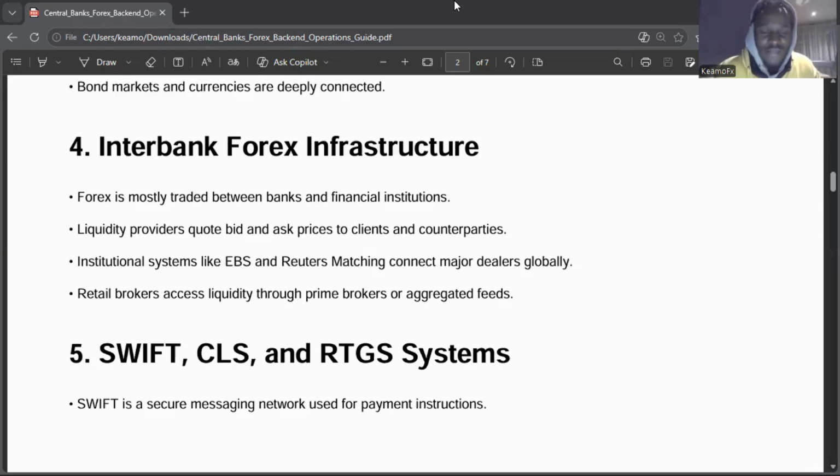So they offer us opportunities in the market to get involved. They do this through institutional systems like EBS, Reuters Matching, Connect, and major dealers globally. Retail brokers are the middlemen between us being able to look at an investment, deposit our money, and profit off that live feed. These brokers give us access to liquidity through different aggregate feeds.